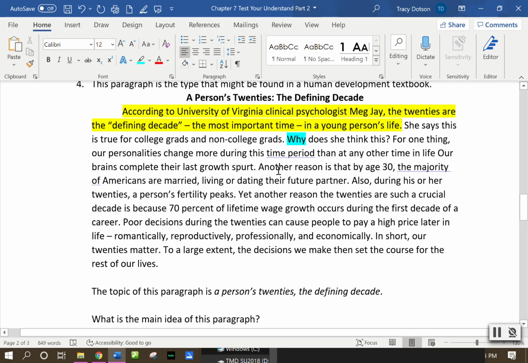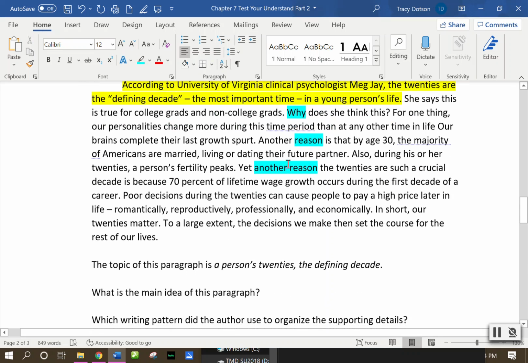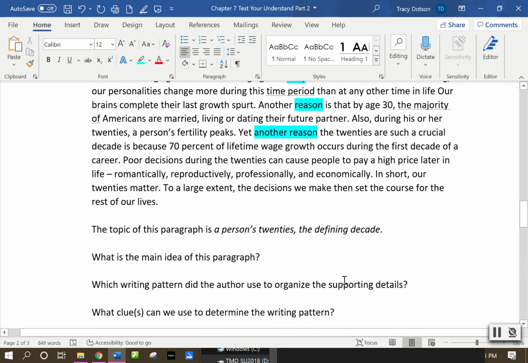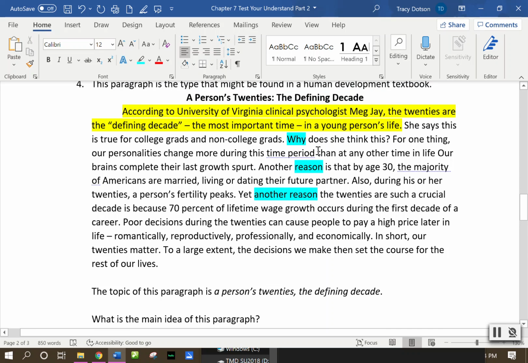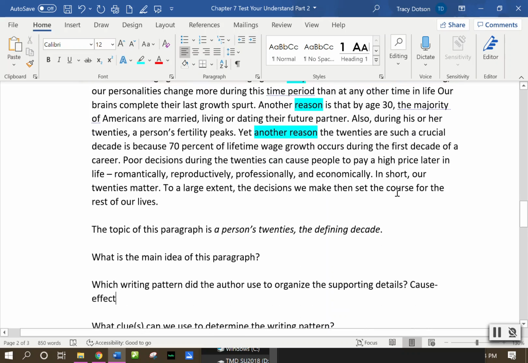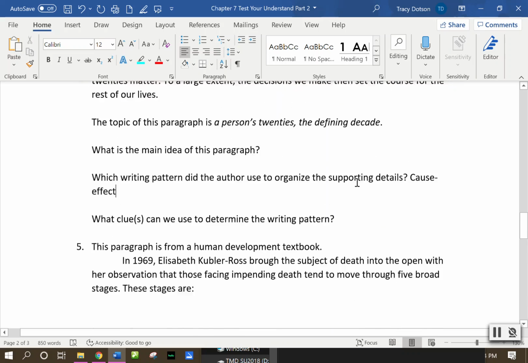Okay, and so here we have reasons. Here's another reason for that. And so for this paragraph then, remember, cause, effect, we have reasons for why something is happening. So remember, our causes are reasons, and then we have our effect. Okay? So that is number 4.